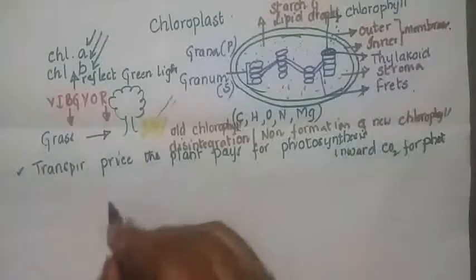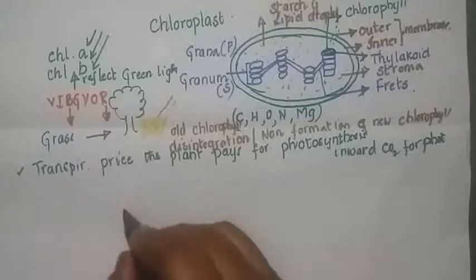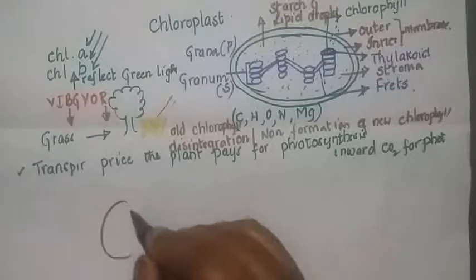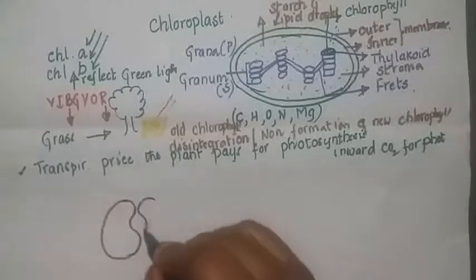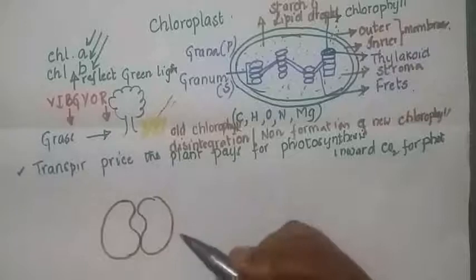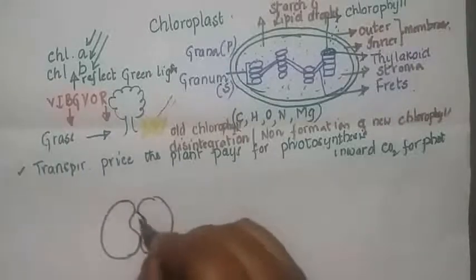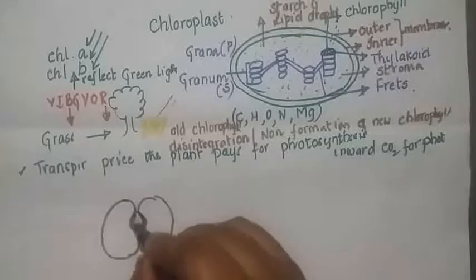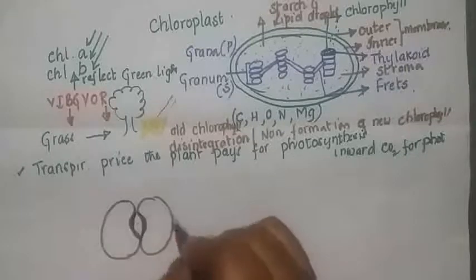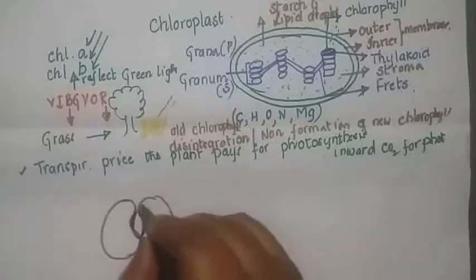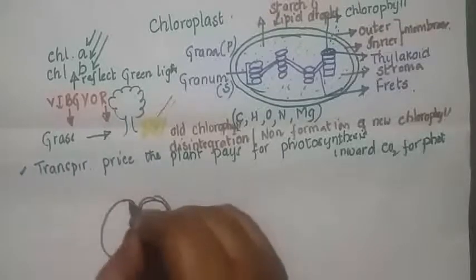Fine, children. So this is also one more diagram expected. Yes. So we know that stomata comprises two guard cells, and especially the inner walls of the guard cells are thicker and the outer walls are thinner. So it is also a double membranous cell.